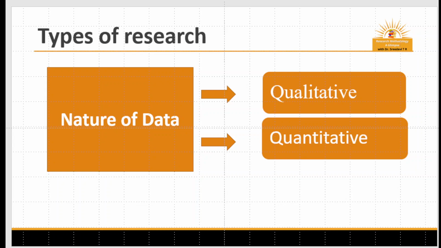In qualitative research, data is in the form of words and pictures. No statistical analysis is used in qualitative research as we are not using numbers. One example: how sleep disturbance affects mood, or how mood disturbances can affect sleep.